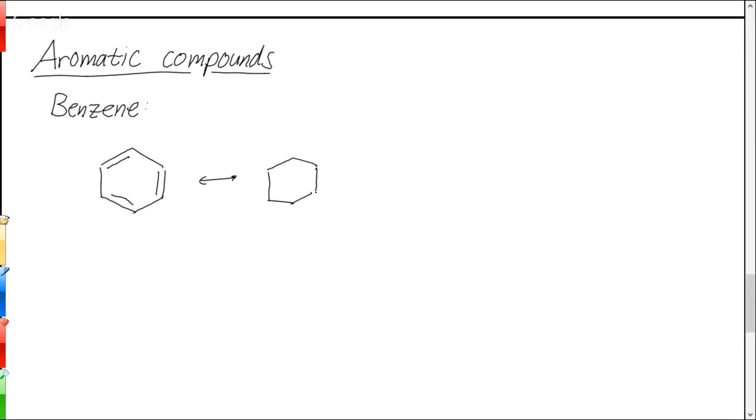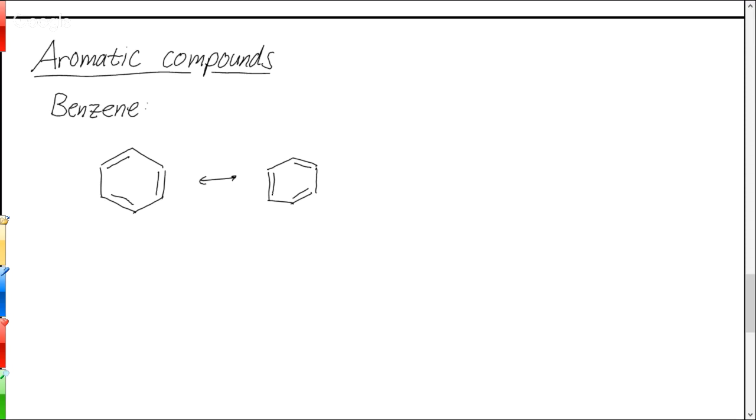They're called resonance forms, but they look like isomers, but they're actually equivalent forms. So we could have drawn the double bonds on the other side, between different carbons, and we get the same structure.